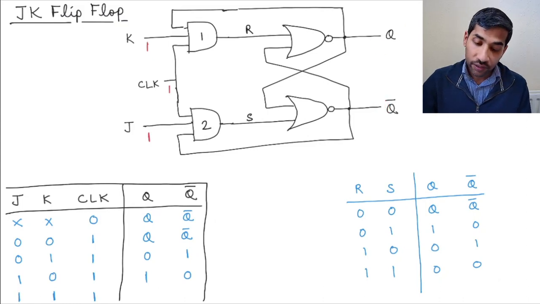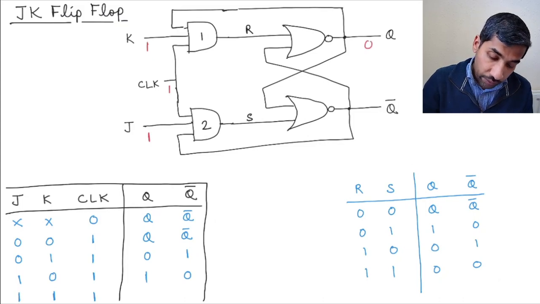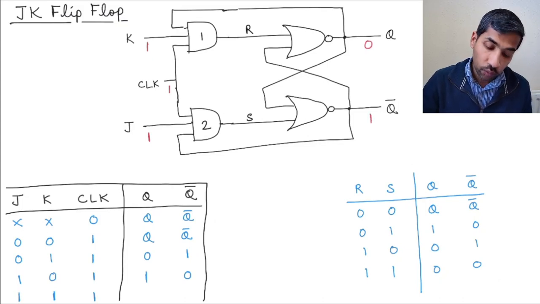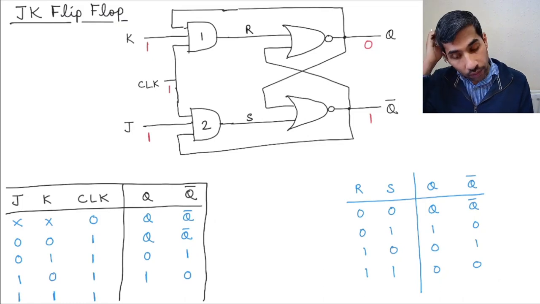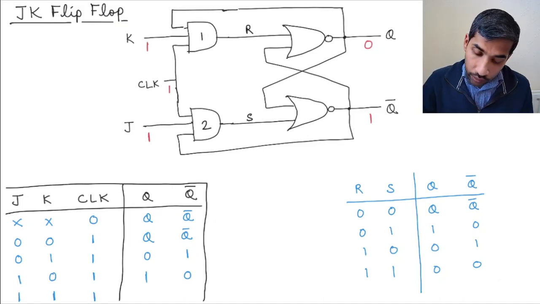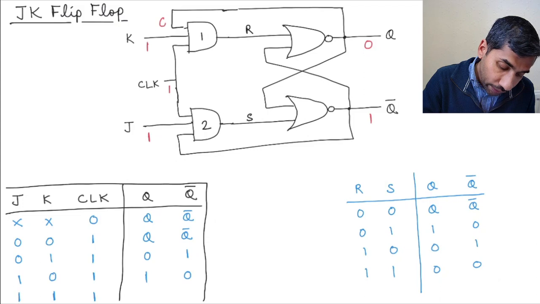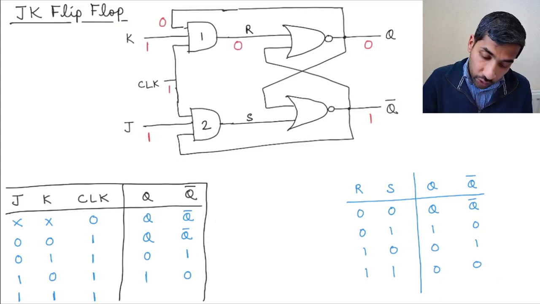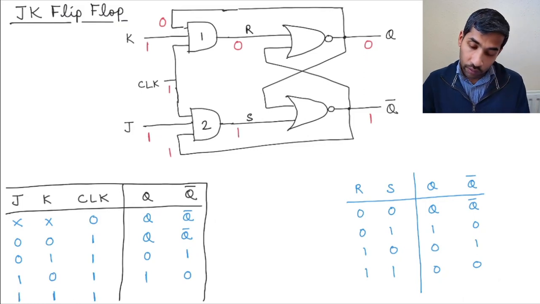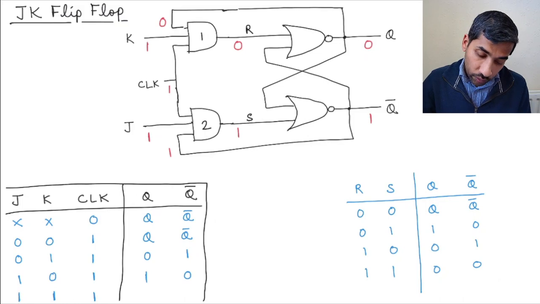So let's say we start off with Q equal to 0 and Q bar equal to 1. What happens then? If Q is equal to 0, then the input to the AND gate is 0 here, so R becomes 0. And if Q bar is 1, we have 1 here, and therefore S becomes equal to 1. Now when R equal to 0 and S equal to 1, what do we have? 0, 1. So we have Q equal to 1 and Q bar equal to 0, right?